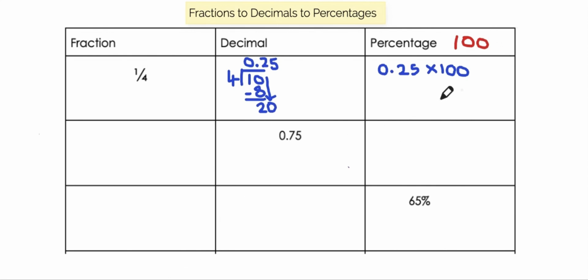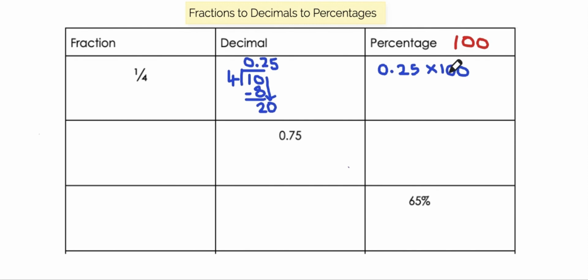Whenever you multiply a decimal by any of the multiples of 100, you count the number of zeros, then you move the decimal point to the right.